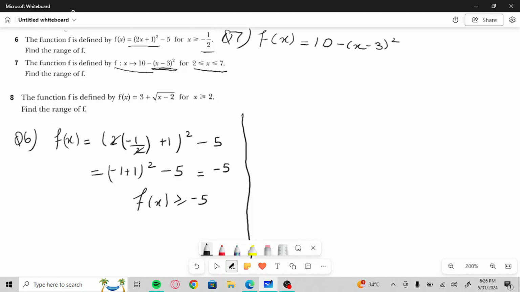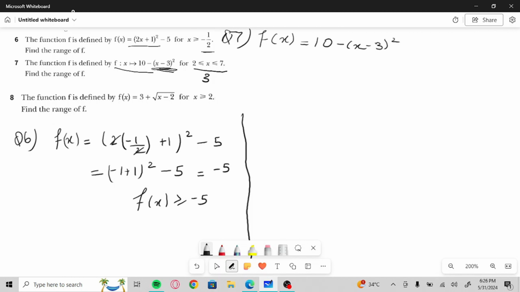There is no negative value here, so that means this is absolutely going to be subtracted from 10. So what may be the minimum value we may get from its answer? That is obviously 0, because between 2 and 7 for the input of x we have a 3.